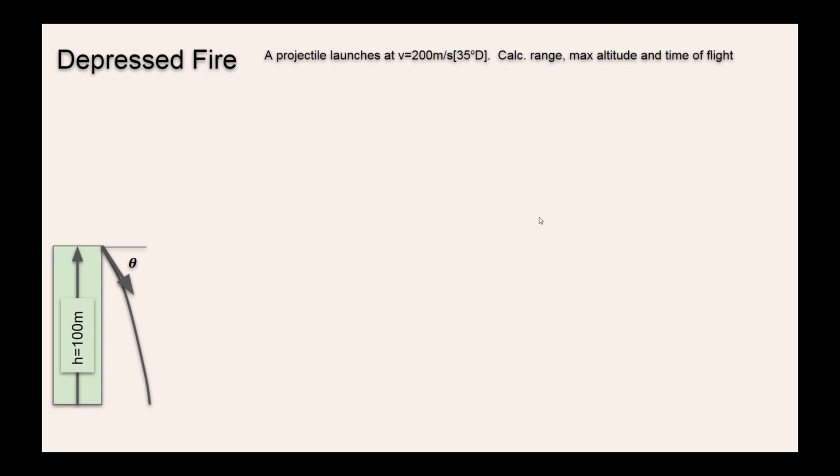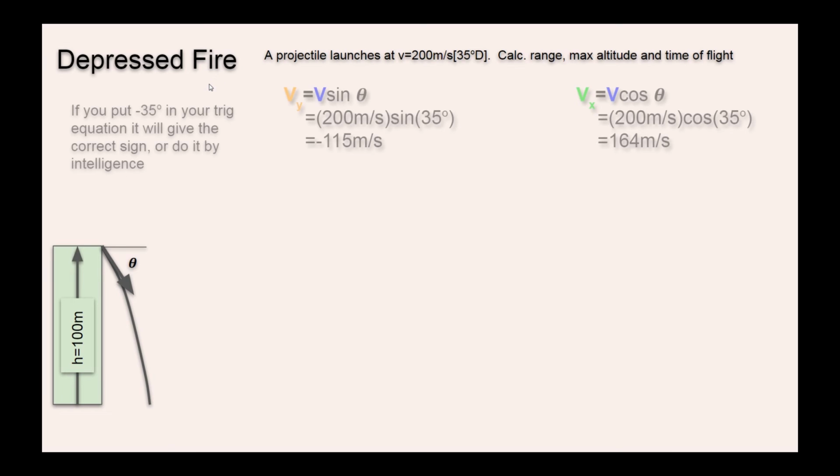So now we're going to shoot down at 35 degrees depressed fire, 35 degrees from the horizontal, and we're going to do the same thing. What do you think the setup should look like? There we are again, our friends V sine theta and V cos theta.